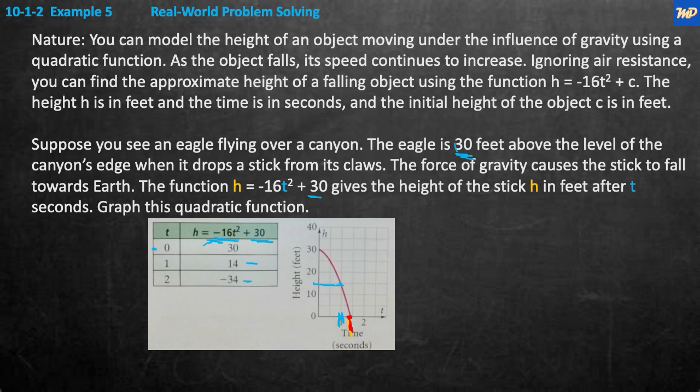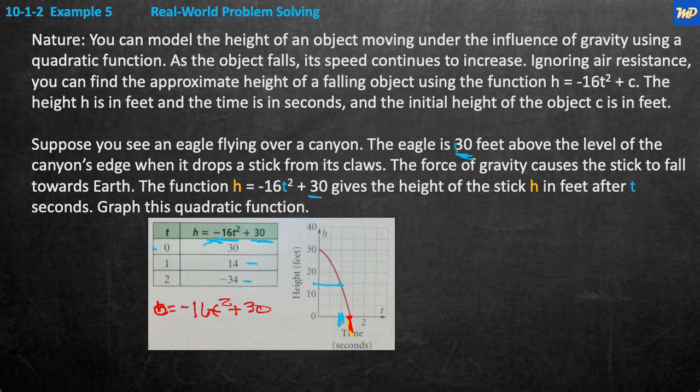So 0, the height of the stick, is equal to negative 16t squared plus 30 feet.